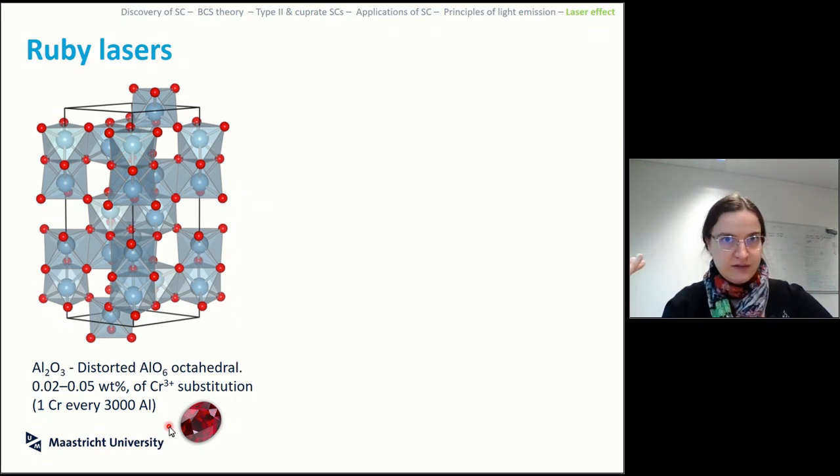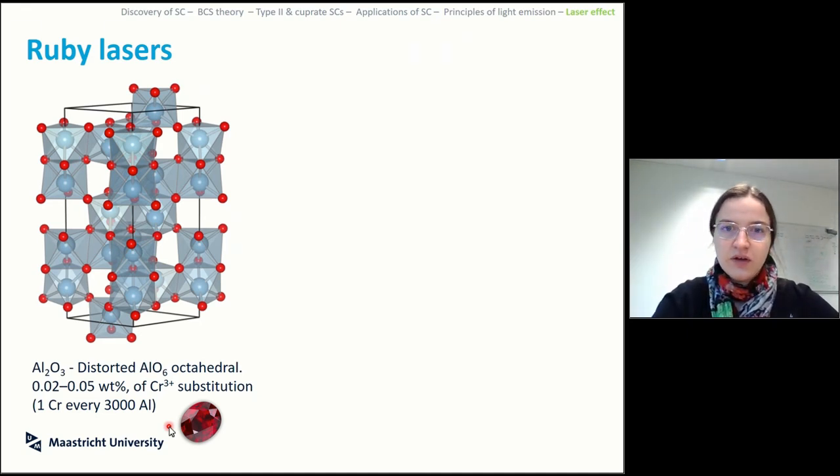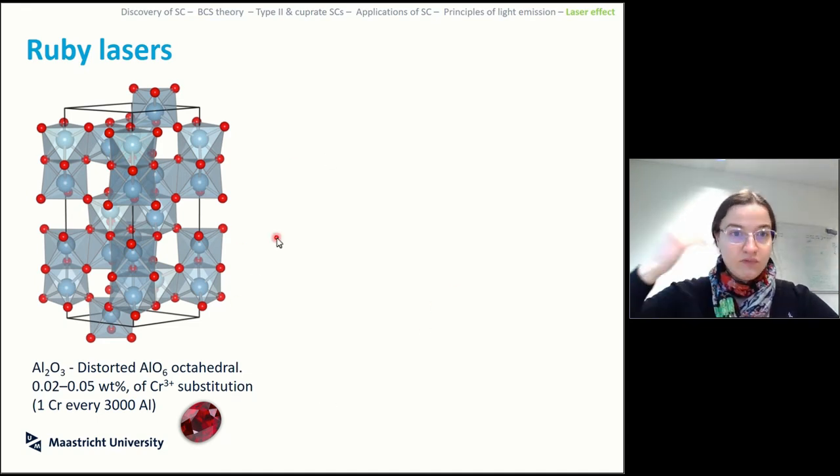Now, these are the type of things that you can actually use to get the excitation and the inversion, because it is these electrons that are excited and cause the absorption of a series of wavelengths. So your material, which is a chromium doped alumina, becomes a ruby.